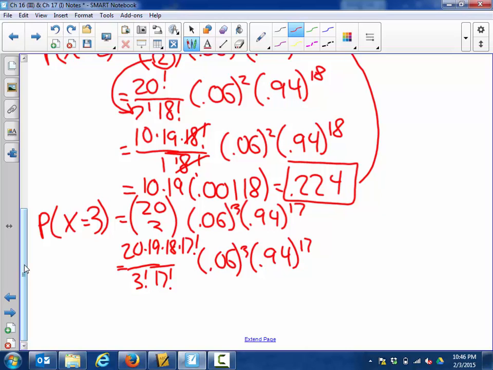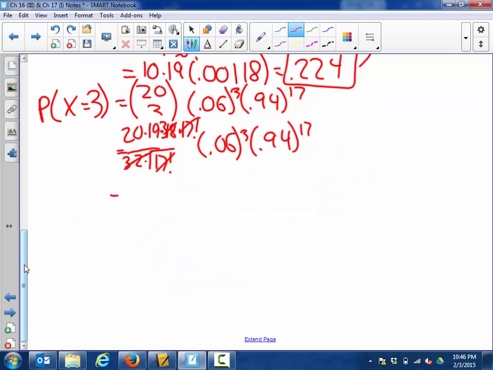Let's write 20 factorial, which is 20 times 19 times 18 times 17, etc., as 20 times 19 times 18 times 17 factorial. That cancels with the 17 factorial on the bottom. 3 factorial is 3 times 2 times 1, which comes out to be 6. So let's do some cancellation here. The 6 can cancel with the 18 to give us 20 times 19 times 3 up top.